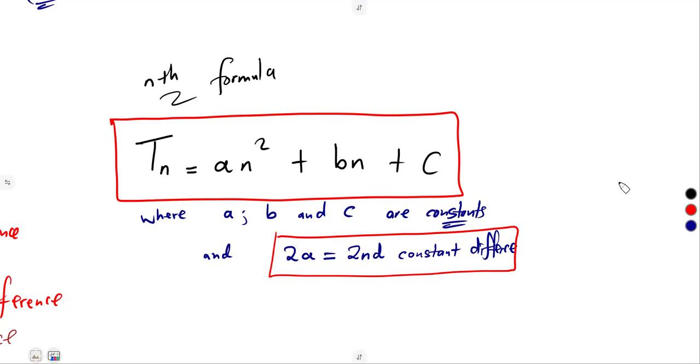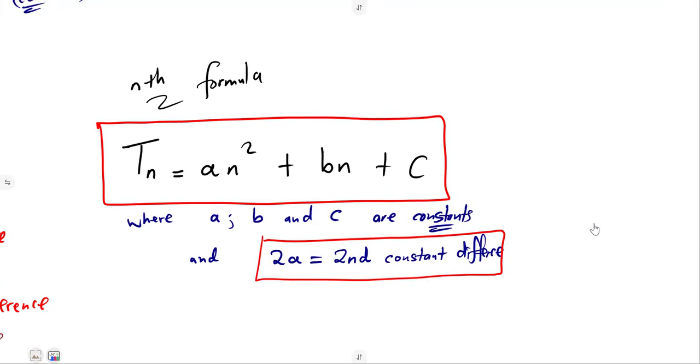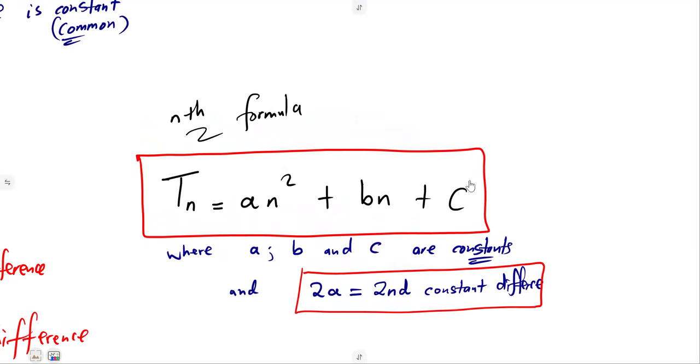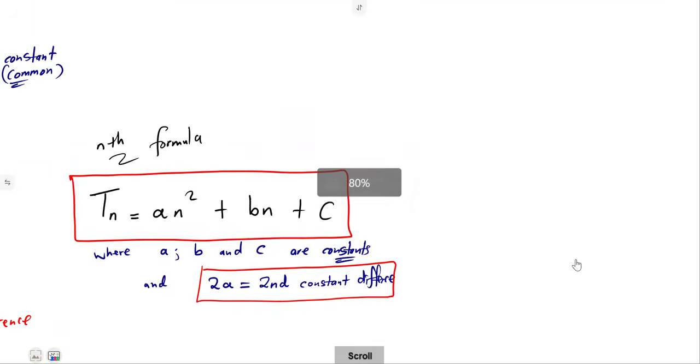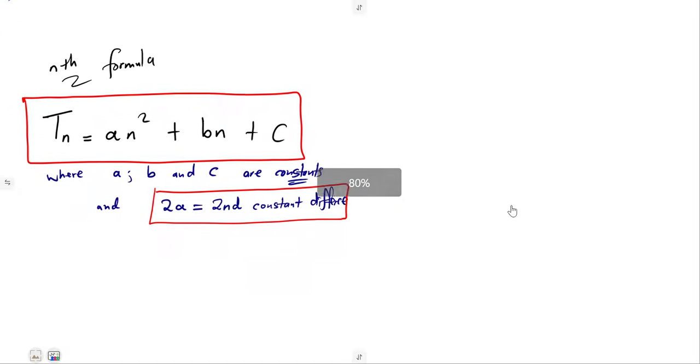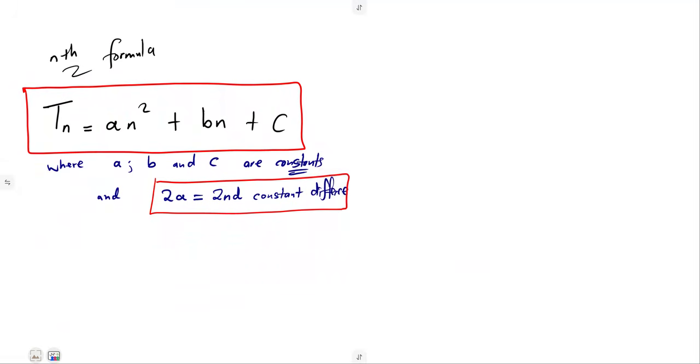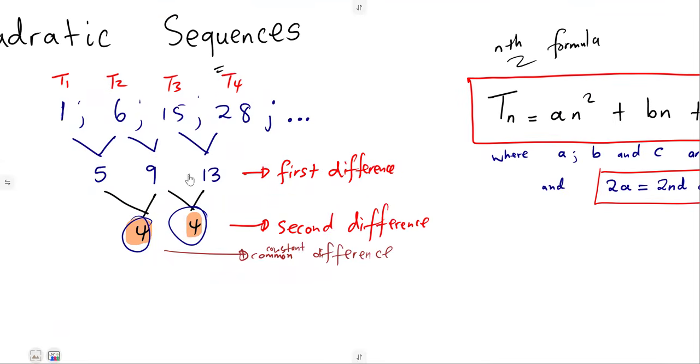So for us to understand this much better, we just need a normal representation of this quadratic sequence in any way that we can have it. So just like here, remember I said we're going to have T1, T2, and so on. Then we've got the first difference and the second difference.